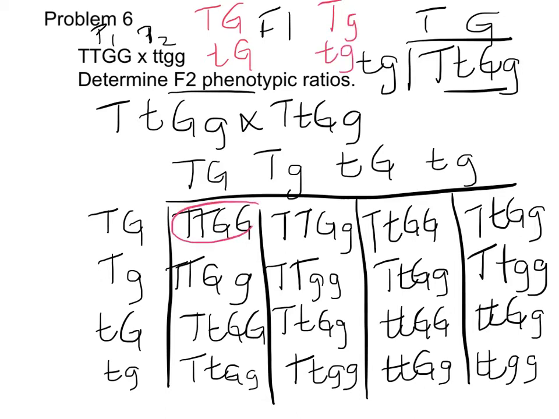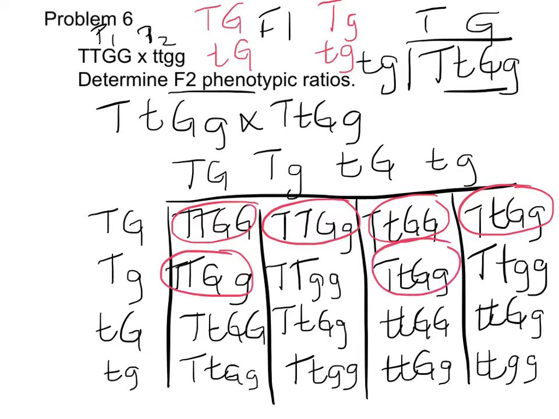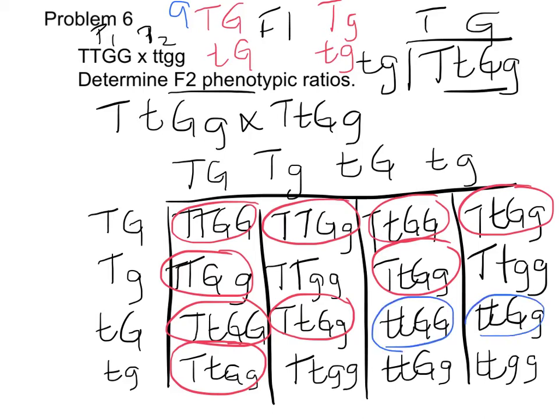So looking first at tall green, they have to have at least one dominant allele for both traits. We end up with 9 individuals that are tall and green. Short and green, then, we have 3.